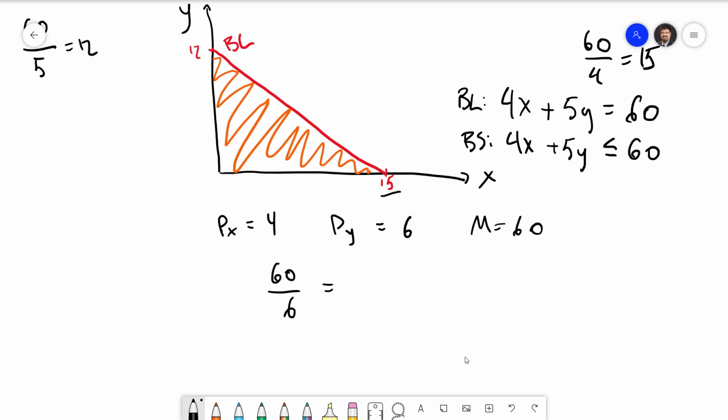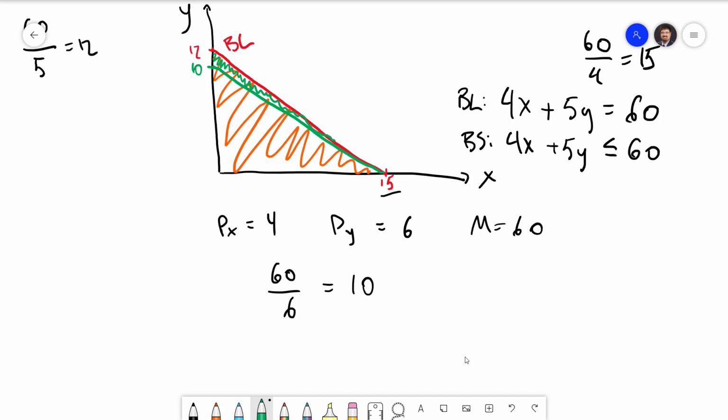If we wanted to spend all of our money on good Y, then the max we could afford is 10. I'll add that new point to our graph right here, and then draw in our new budget line. We have now lost some affordable bundles in this green slice right here. All of these bundles used to be affordable to us, but now they're not.